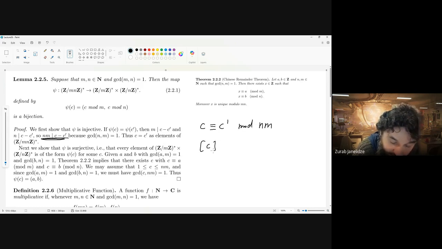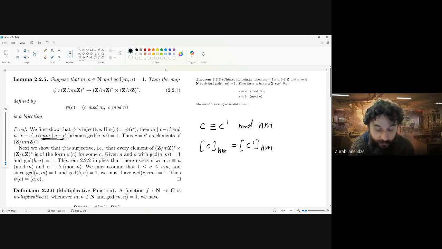So their equivalence classes for the modulo nm congruence, for the equivalence relation created by the modulo nm relation, must be equal.